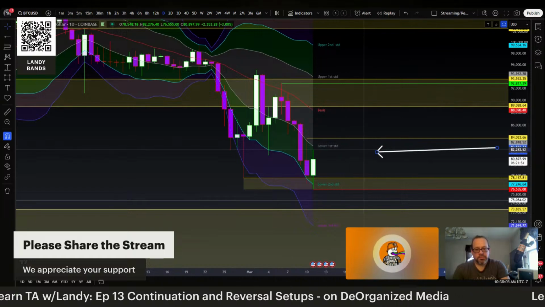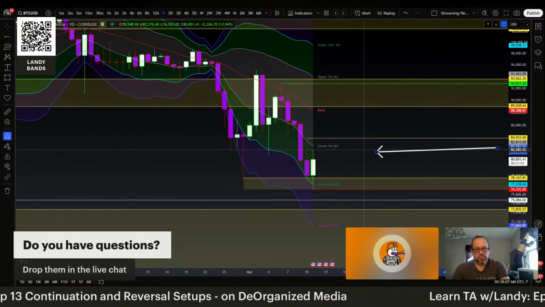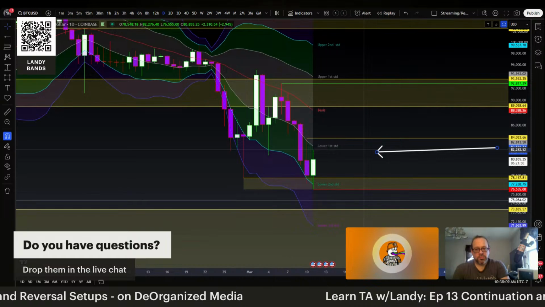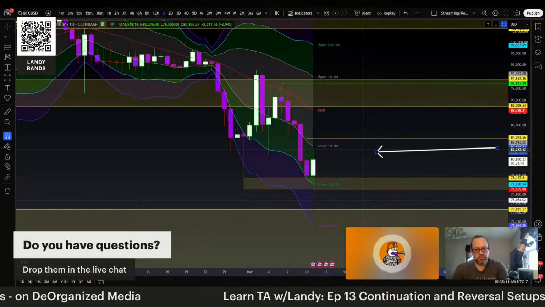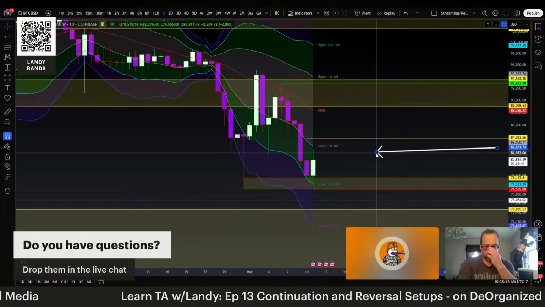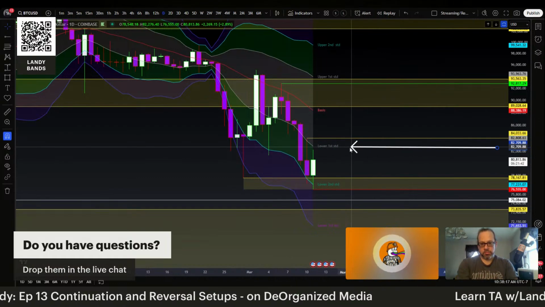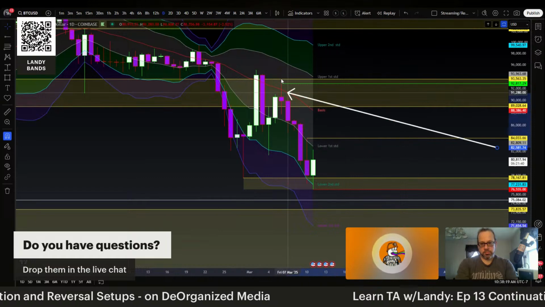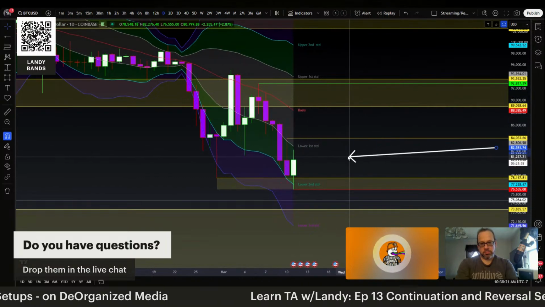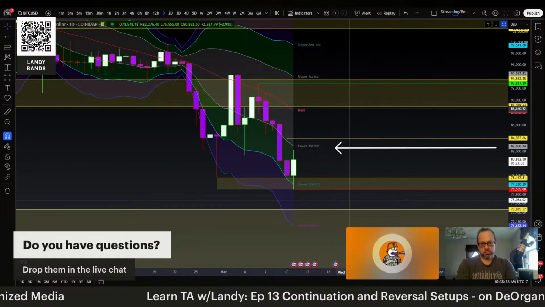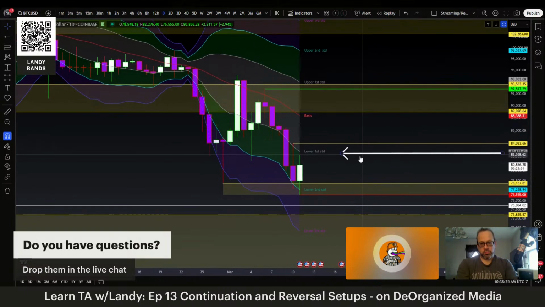For those that like the 8 or 9 EMA, but usually those trending EMAs is kind of where the lower first standard deviation away from the basis band typically lines up. So you usually find confluence there. I don't bother putting them on here because it just makes a mess, and we already have a mess on our chart. But we have a structured mess that we understand, right?